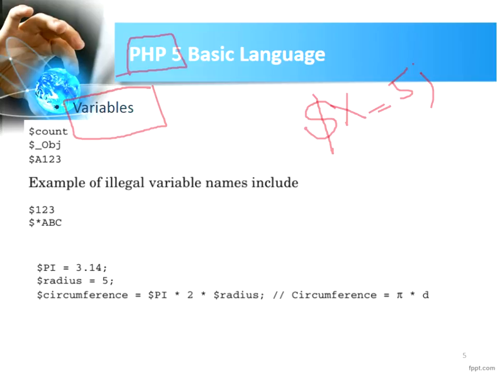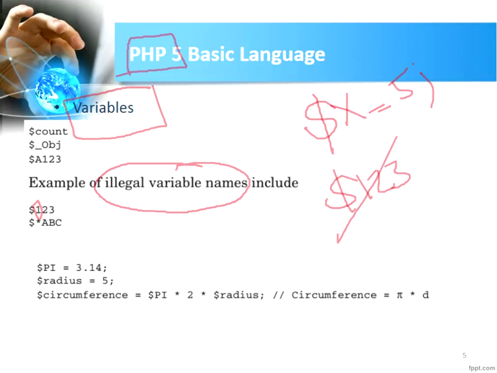Okay. So there are some examples of illegal variable names. The variable cannot begin with an integer, a number. For example, $123 cannot be a variable in PHP.